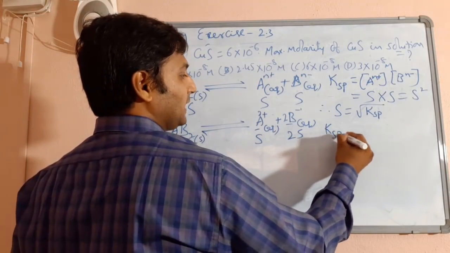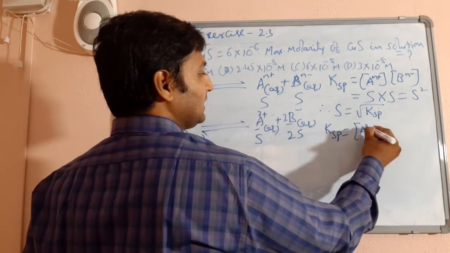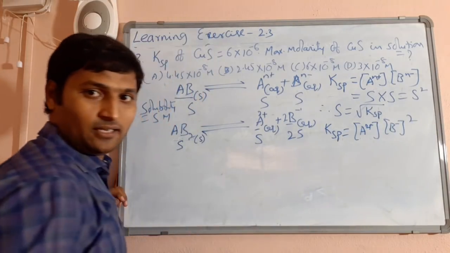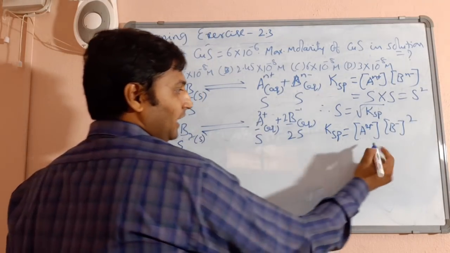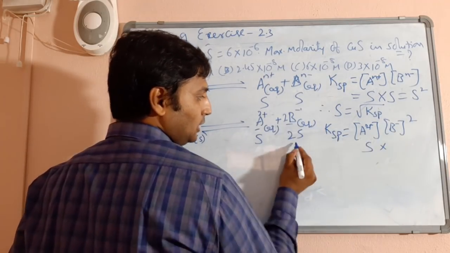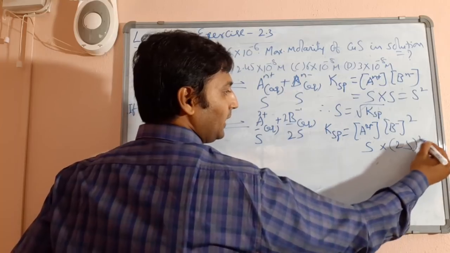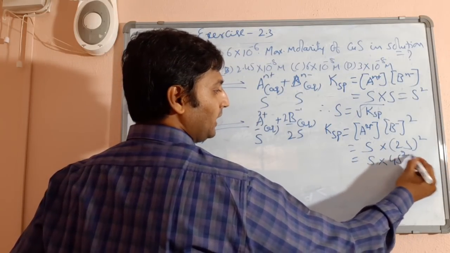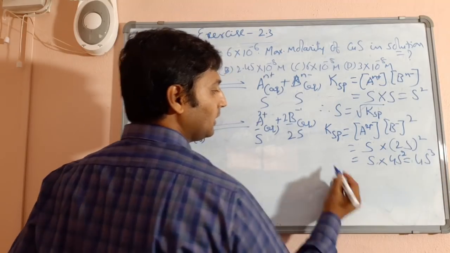Now the Ksp expression will be the concentration of A^2+ times the concentration of B^- squared, right? The concentration of A^2+ is S, and the concentration of B^- is 2S, squared. That's equal to S into 4S square, that is 4S cube.